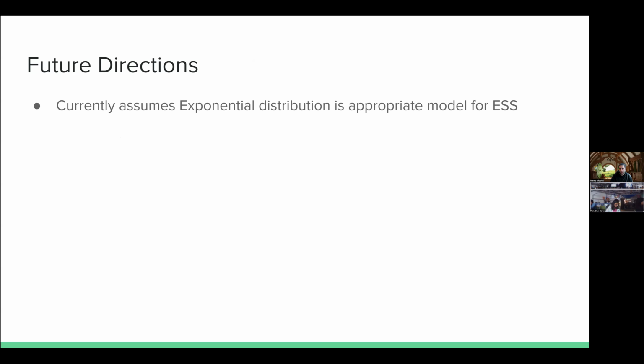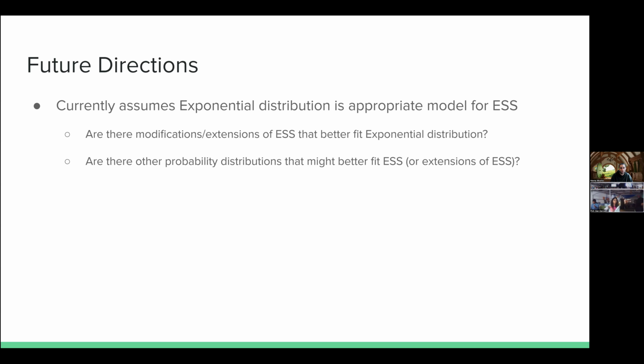And yeah, future directions. Someone had alluded to this: the exponential distribution I'm currently assuming is appropriate, but there might be modifications or extensions of this metric that might better fit an exponential distribution, or there might be other probability distributions that might be a better fit for this score.